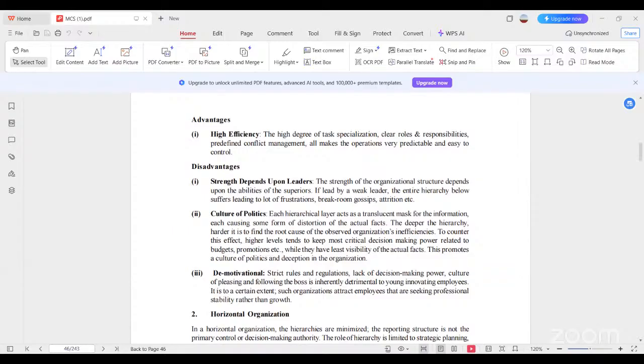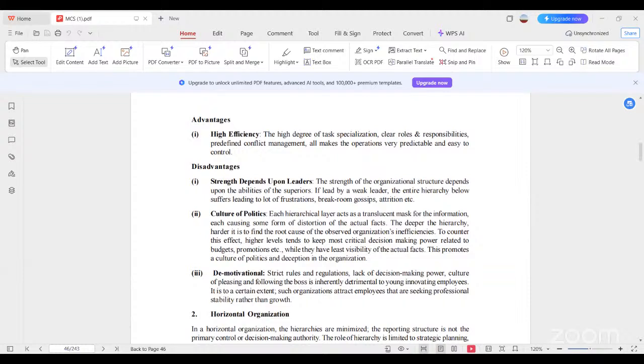The third disadvantage is that it is demotivational for young and innovative employees, with little freedom to take decisions. Strict rules limit creativity and create a culture of pleasing the boss. These things discourage innovation, risk taking, and employee engagement. So the hierarchical organization should try to attract employees who prefer job security over rapid growth.